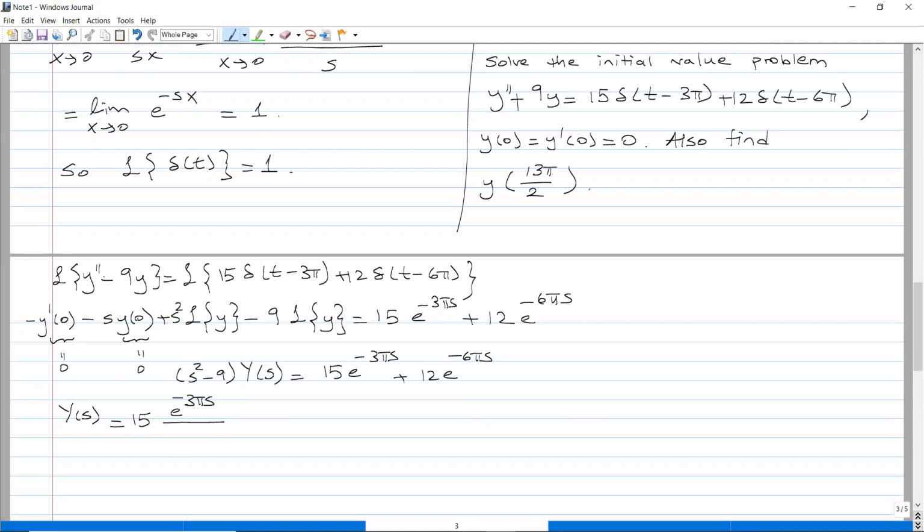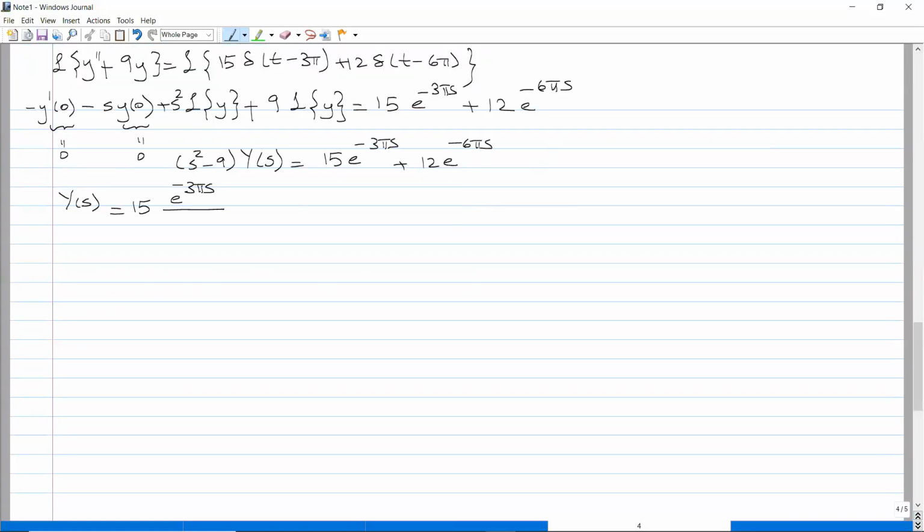I didn't write this right. Okay, so this is s squared plus 9, plus 12 e to the minus 6 pi s over s squared plus 9.